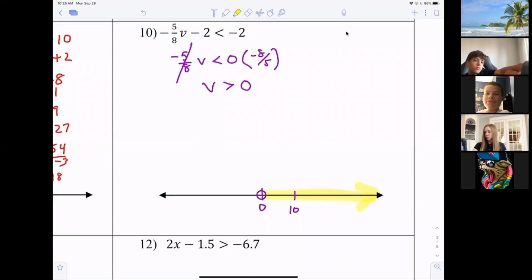Yes, good for you. Oh, you can choose whatever number you want. Choose 5. I don't care about that number. It's just to show you that the positive numbers are going this way, negatives are going the other way.